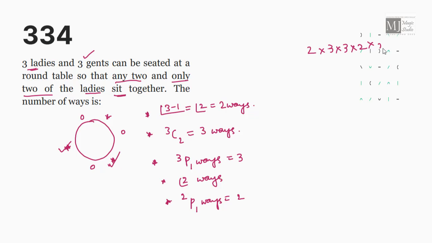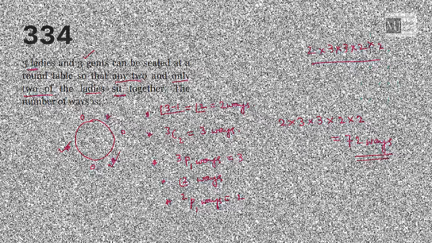So arrange 3 gents, select 2 ladies, place the 2 ladies as a group and permute those 2 ladies, and place the last lady in the remaining 2 places. So the final effect is 2 into 3 is 6, into 3 is 18, into 2 is 36, into 2 is 72. This can be done in 72 ways.